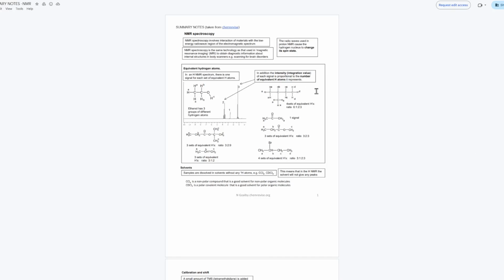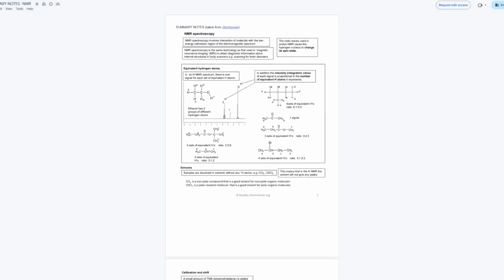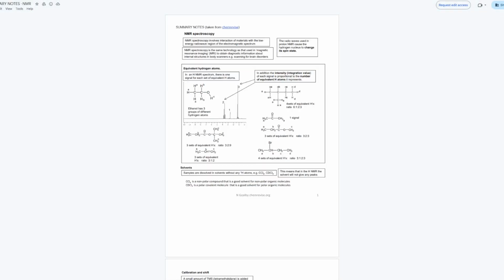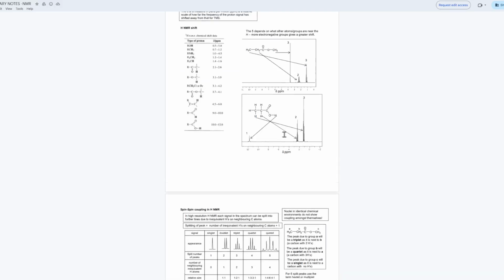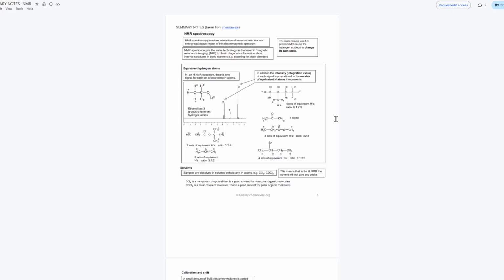Okay, so here are the notes for NMR, so you can read through this. Not as long as the chirality notes, or actually no, longer than the chirality notes. Somehow, really, these are only 2 pages. Okay, so NMR spectroscopy involves interaction of materials with the low energy radio wave region of the electromagnetic spectrum.